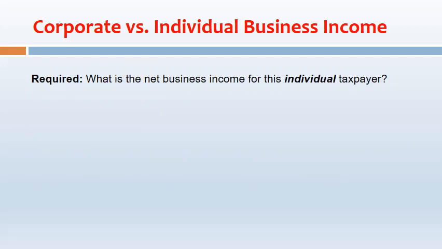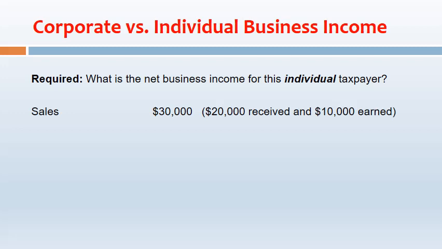So how would we determine the net business income for this individual? Well, we'd start with sales. We have $20,000 worth of sales received, and we know that we've got $10,000 of sales that were earned but not necessarily billed. For tax purposes, and regardless of what this individual has done for accounting purposes, we need to use the accrual system for recording revenues.